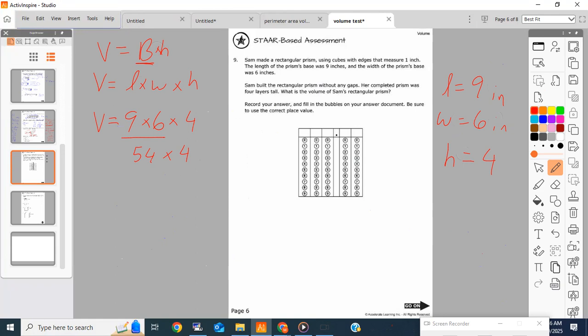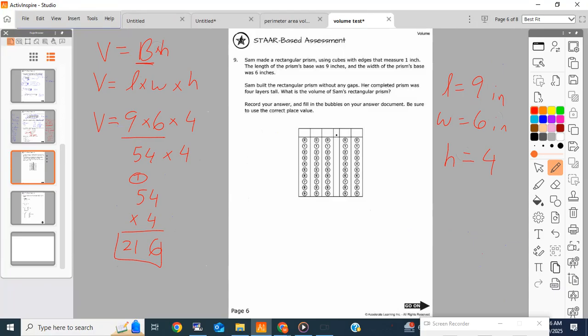All right, since we have to fill this one in, we have to type in an answer. This one, we're going to just have to multiply it out. 54 times 4. 4 times 4, 16. 4 times 5, 20. Plus that one, that's 21. So we would type in 216. 216.